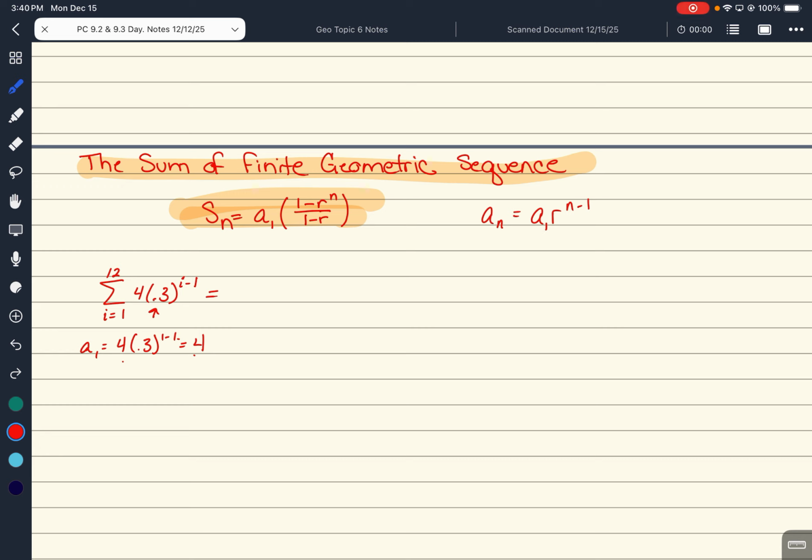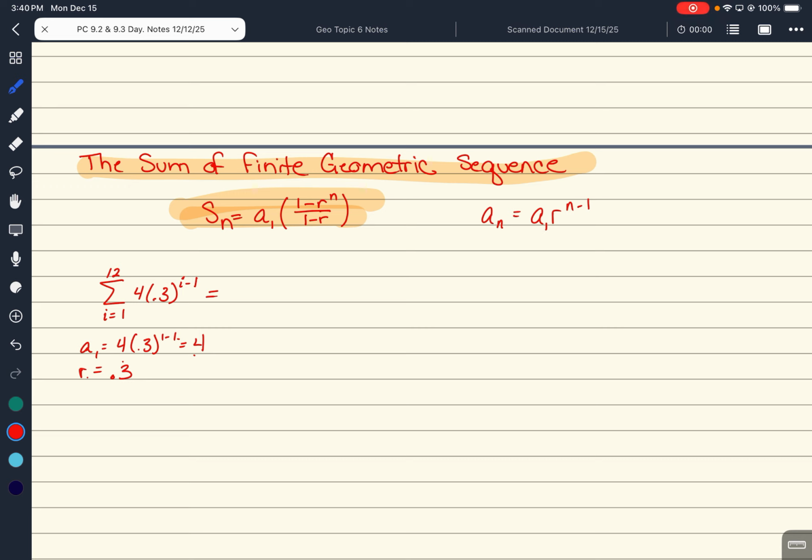The only reason it was the first number is because we started at 1. So I have a sub 1, and I have r. r is always the base of the exponent. What is the r in this formula? 0.3. Why is there equal 4 at the end? Because a sub 1 is 4. We did the math.